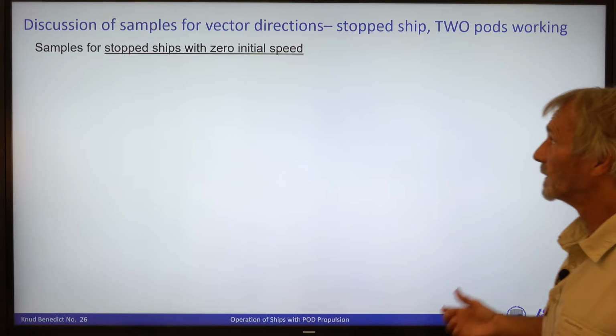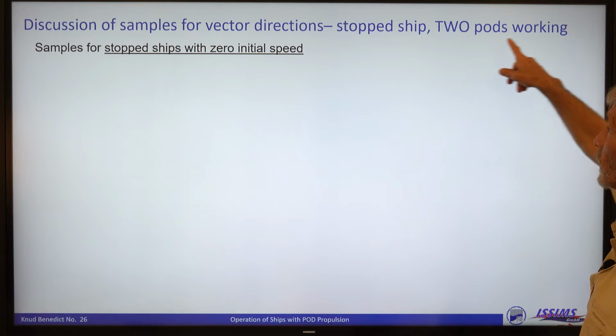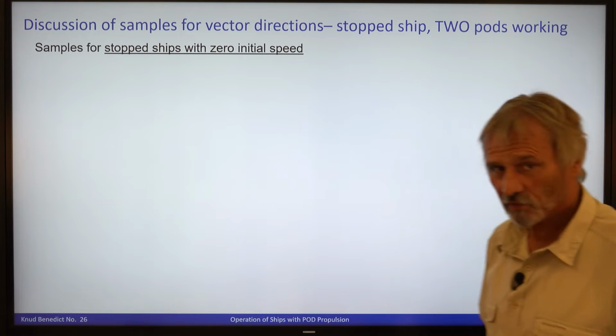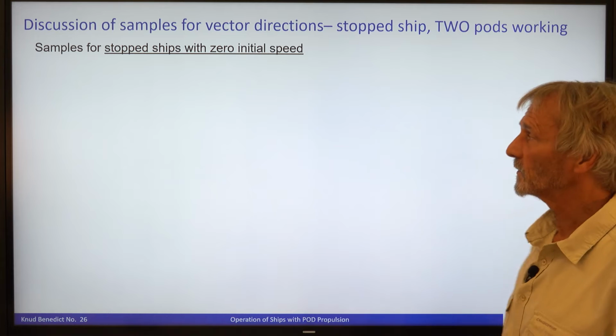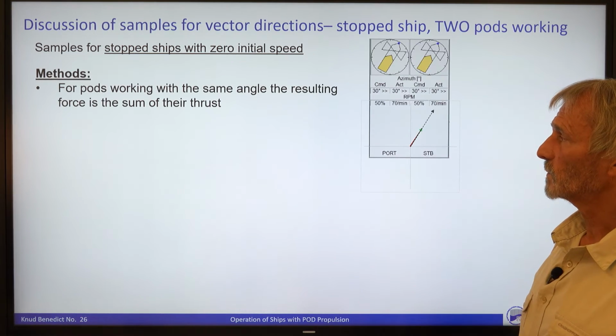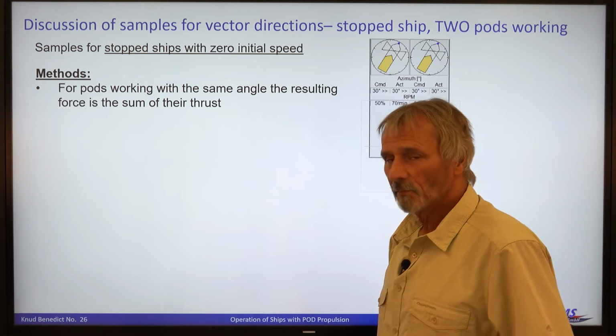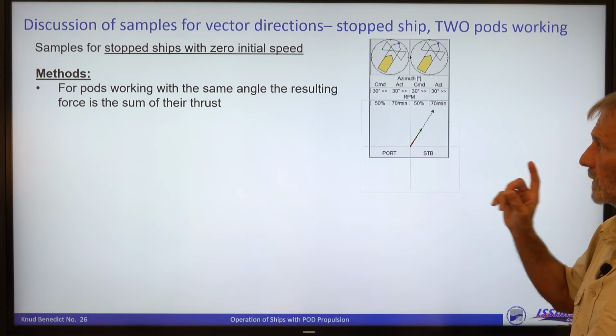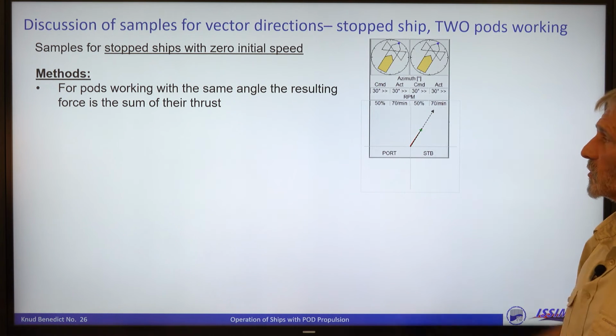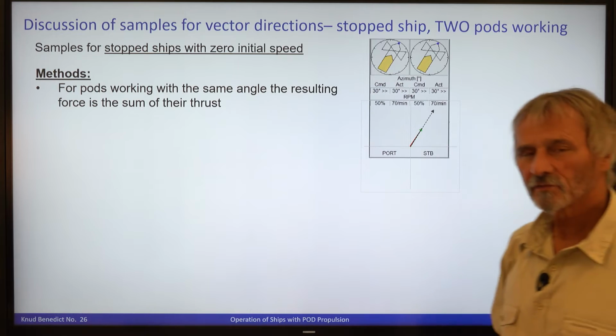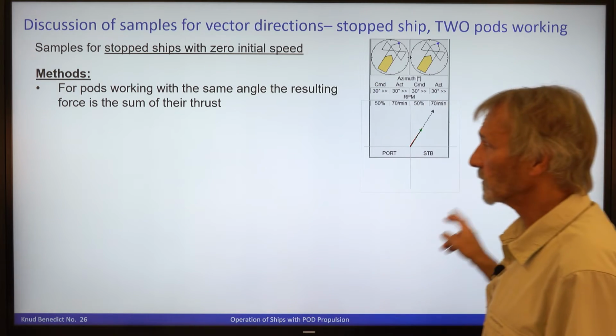So the next one is the discussion of two pods working, again for the stopped ship first, with zero speed. If the pods are working together in the same direction, then the total thrust is the sum of both vectors.